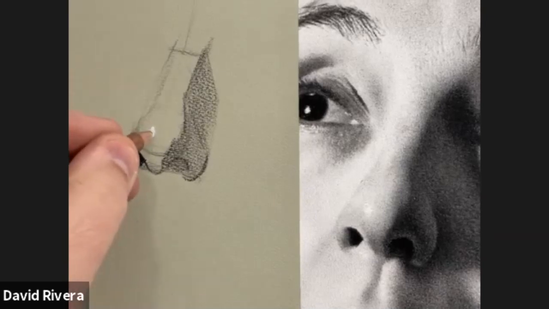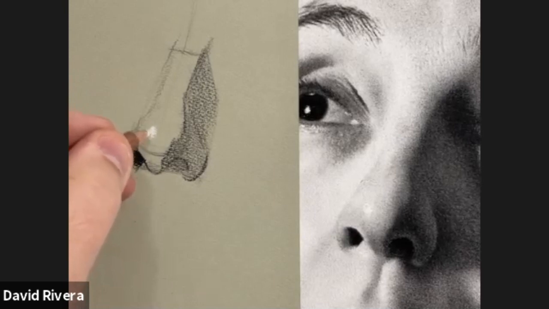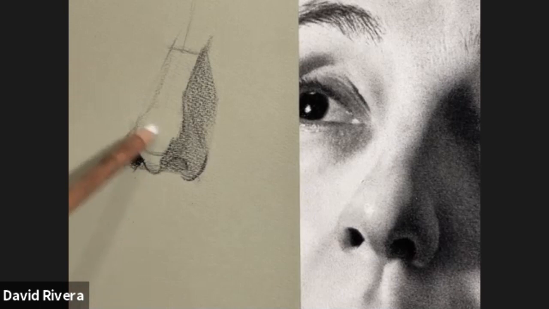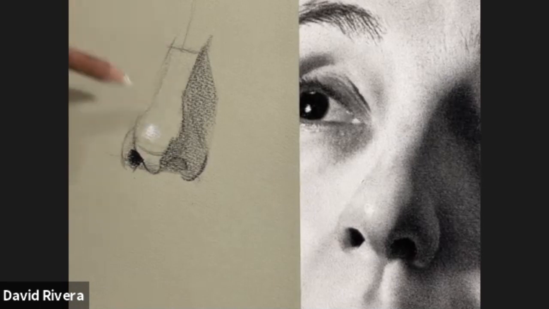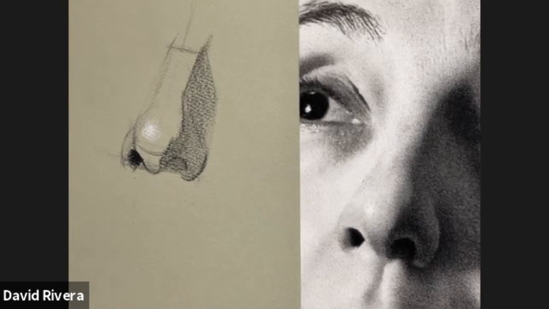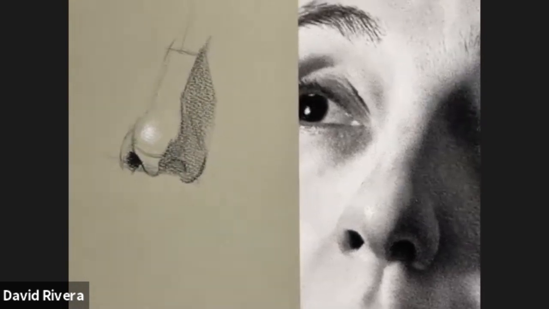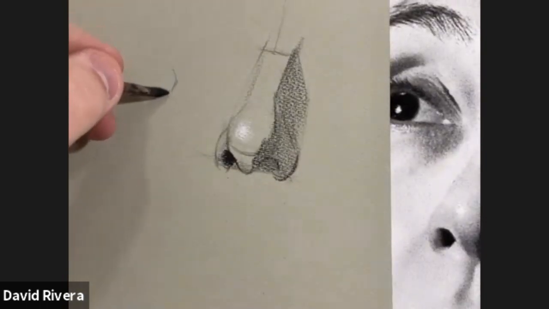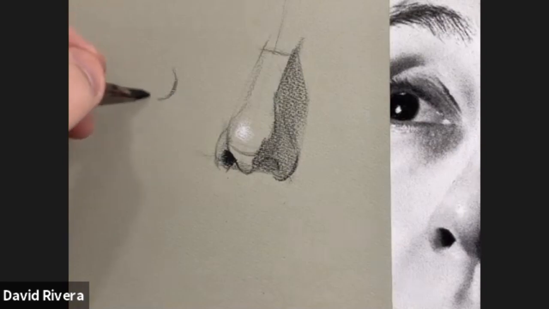So I can kind of go back, look at the highlight, you know, look at this subtle gradation of light on the form. You know, and if we kind of go back to what our form is, we think about a ball shape. Just do this on the side here.